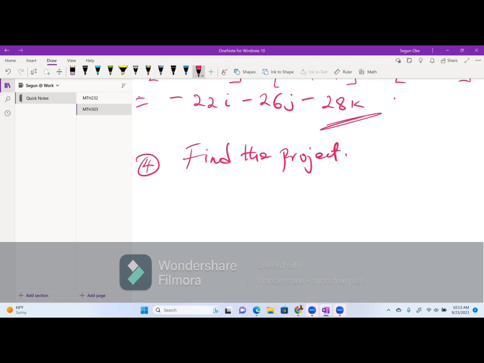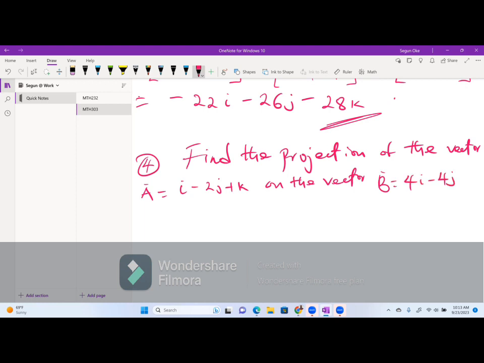It is there in your past questions, and it's also part of the topic we are dealing with, of the vector A equals i minus 2j plus k on the vector B equals 4i minus 4j plus 7k.